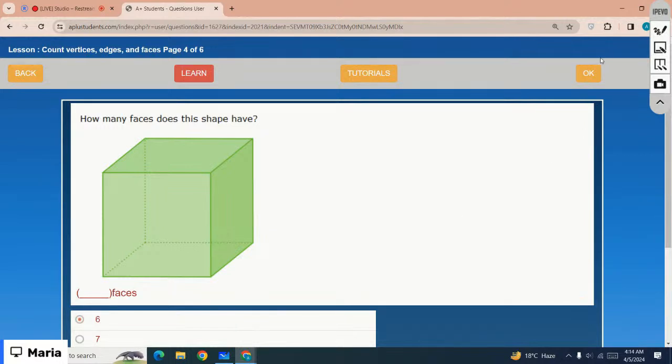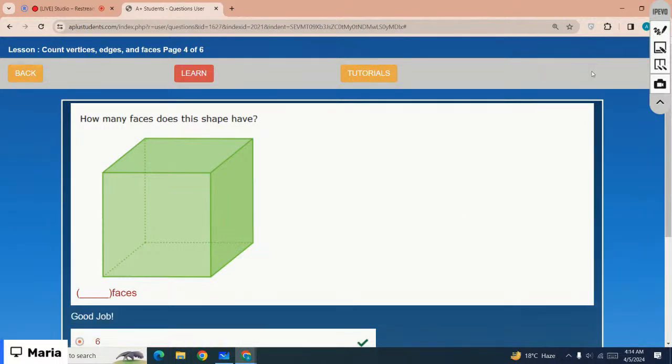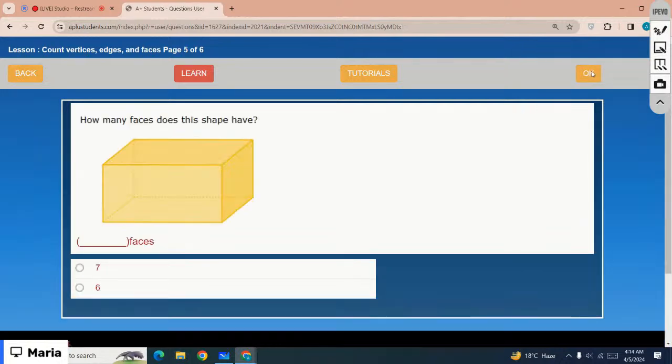The correct option is six. How many faces does this shape have?